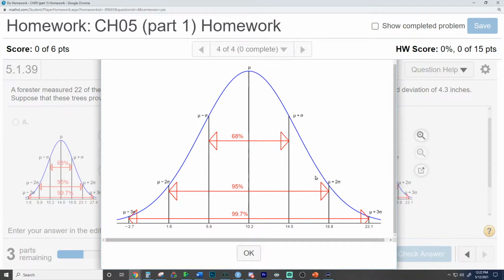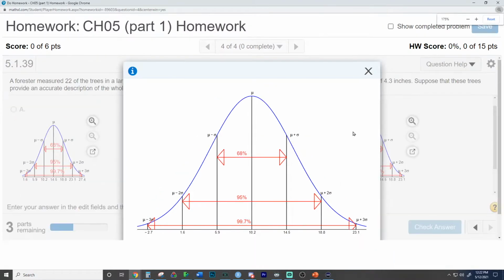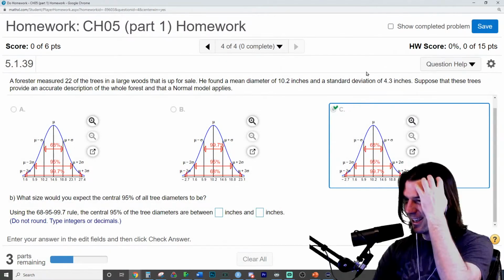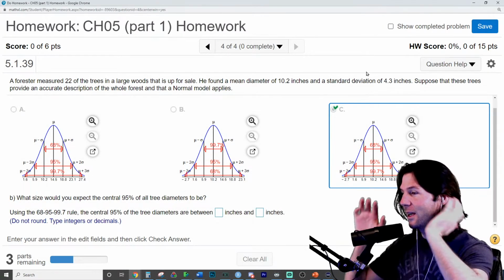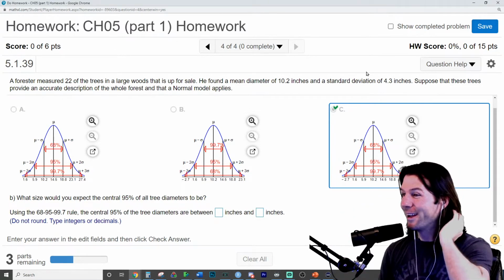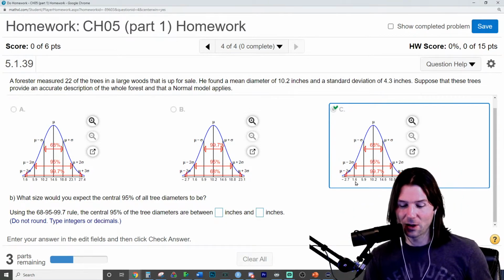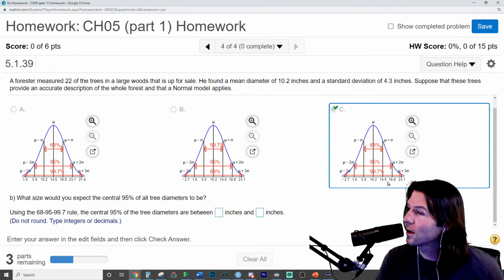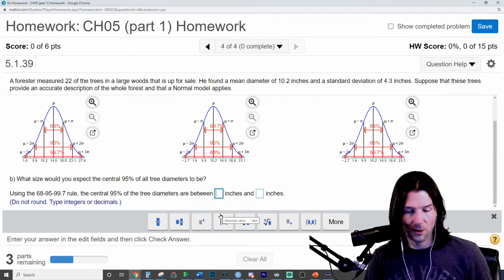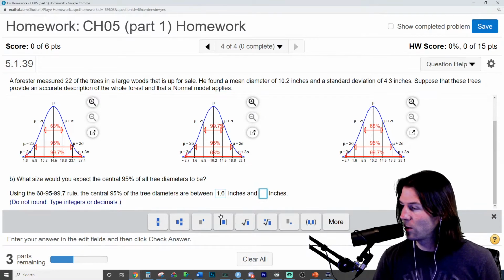It's within a span of 4 standard deviations, but it's up 2 standard deviations and down 2 standard deviations. So it does span 4 standard deviations. That is correct. It'll be within 2 standard deviations, spanning a length of 4 standard deviations total. It's 4 standard deviations in length, and then plus 2 minus 2. That's a good answer right there. And then we're just going to take this 1.6 right here and that 18.8 right here. So that is 1.6 and 18.8.